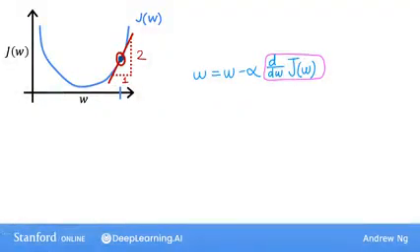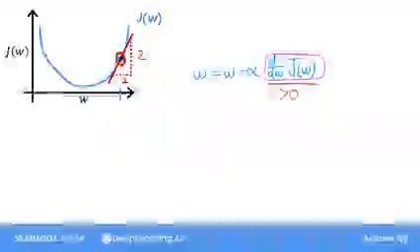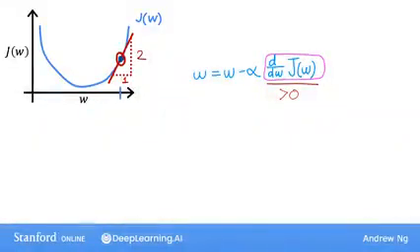So, for example, the slope might be 2 over 1, for instance, and when the tangent line is pointing up and to the right, the slope is positive, which means that this derivative is a positive number, so is greater than 0.